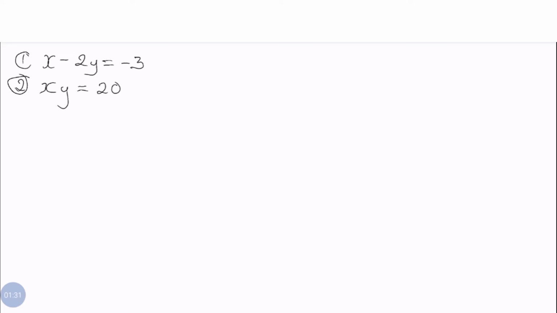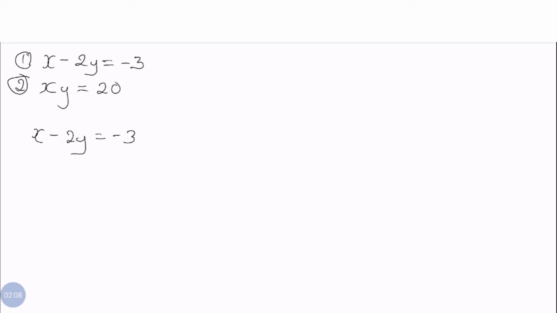In this case we will use the substitution method, but before we use it, we will take equation 1 and make x the subject of the formula so that we can substitute in equation 2, which is xy equal to 20. Equation 1 is x minus 2y equal to -3.